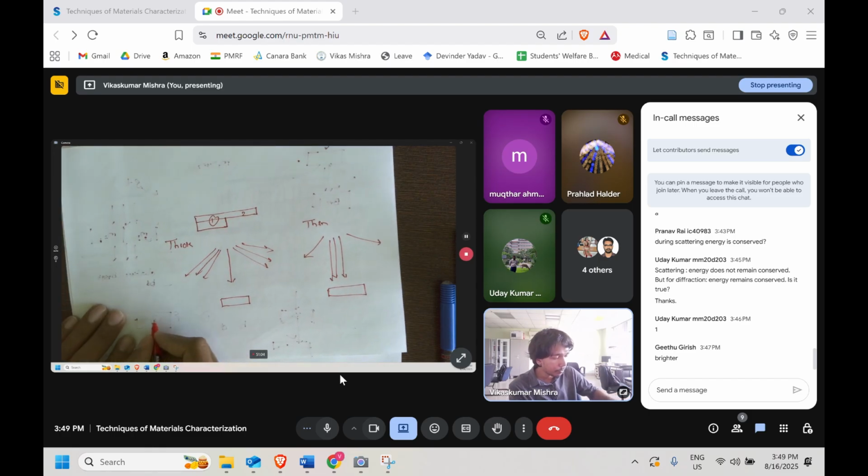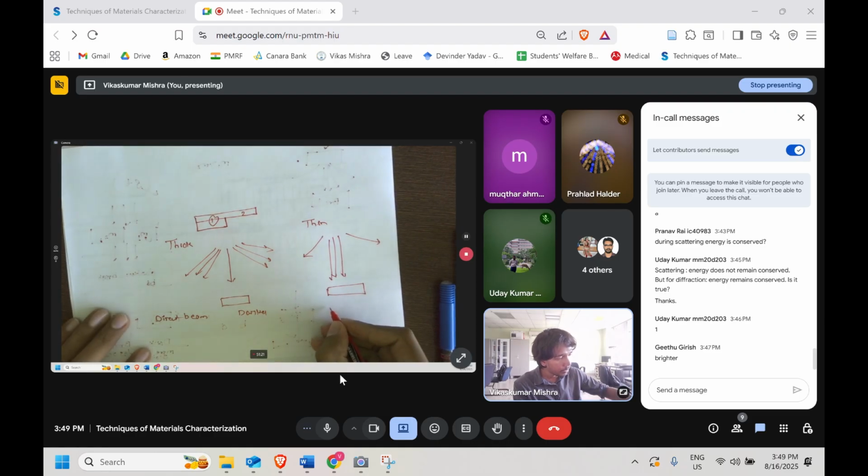For the direct beam, in case 1 it will be darker because there is only a very small signal. Here it will be brighter.